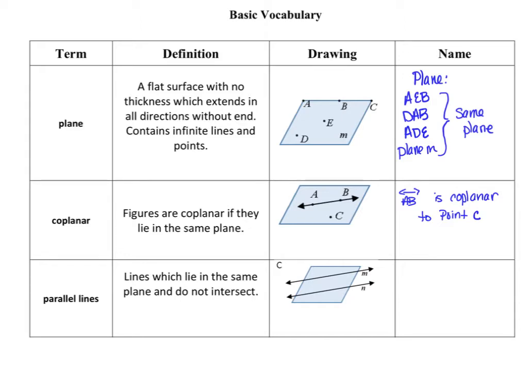Parallel lines are lines that lie in the same plane that do not intersect. Usually parallel lines have the little arrows for the notation, so you know that they are parallel.